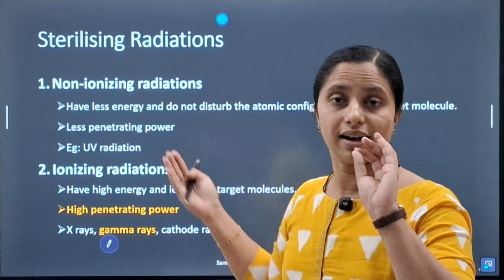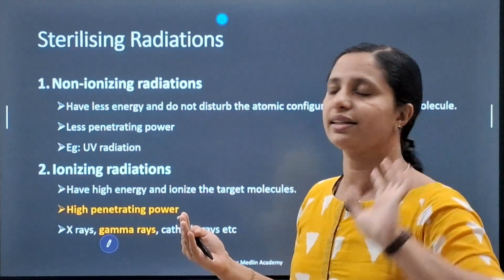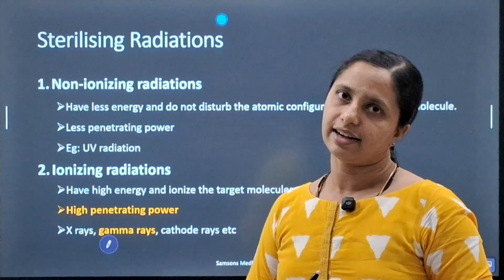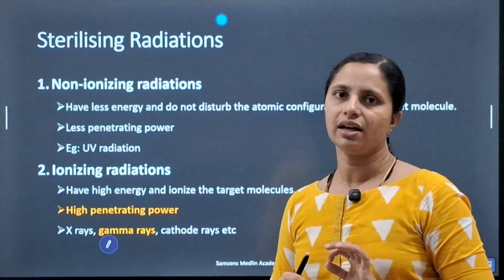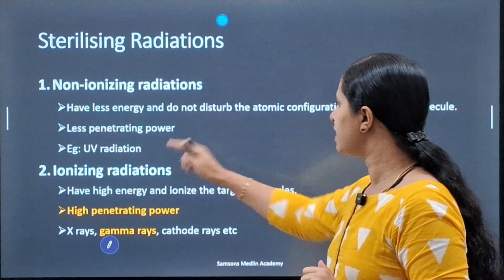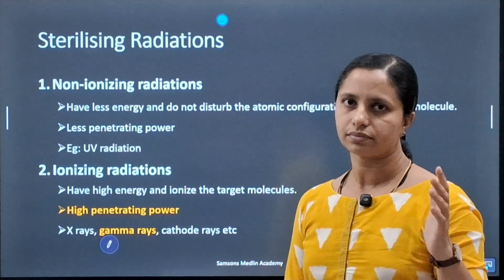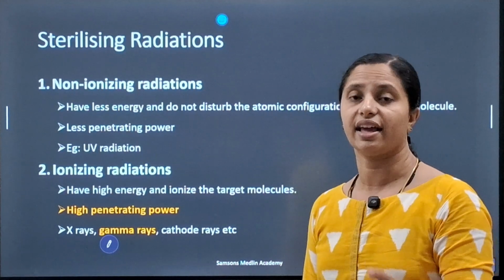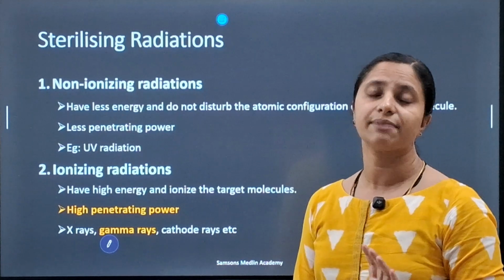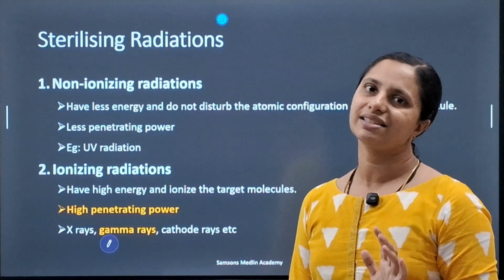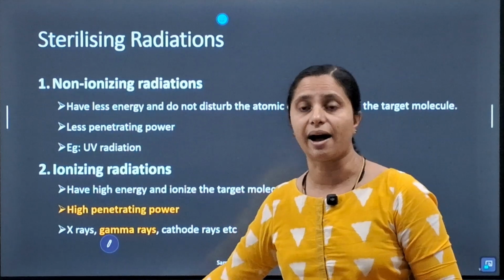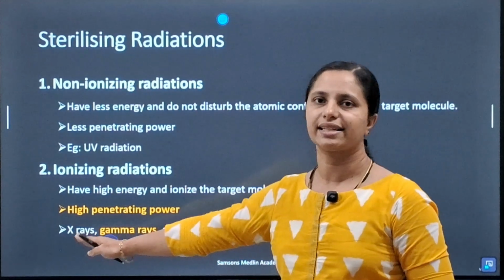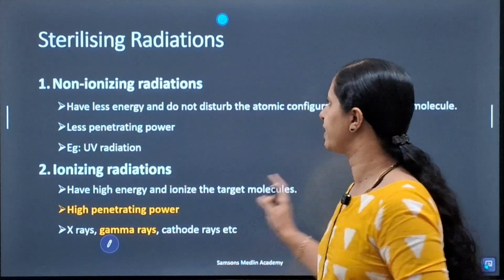Non-ionizing radiations are less energy, less penetrating radiation. An example is ultraviolet radiation. They will not ionize the molecules in the microbial cell. Whereas ionizing radiation is associated with high energy. They have good penetrating power and they can ionize the biomolecules. The most commonly used example is gamma rays, and other examples are X-rays and cathode rays.